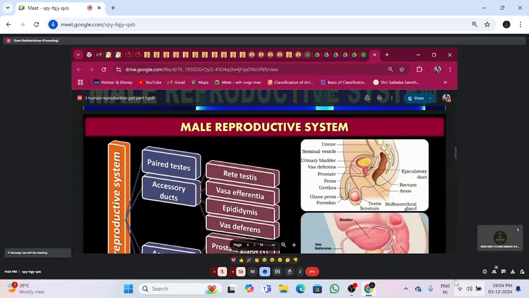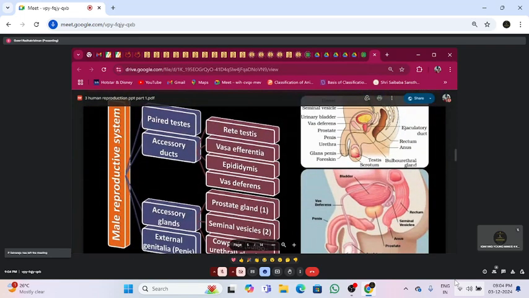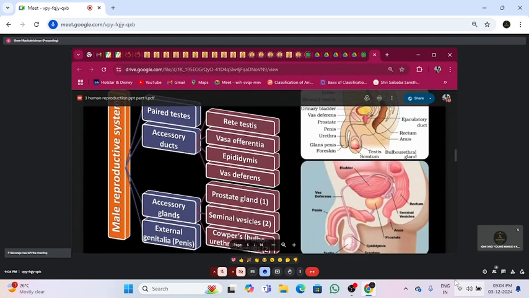This male reproductive system has two parts. One is the external genitalia and the accessory glands, and the other is the paired testes and accessory ducts. These are the important parts of this reproductive system. Now, what does it contain?